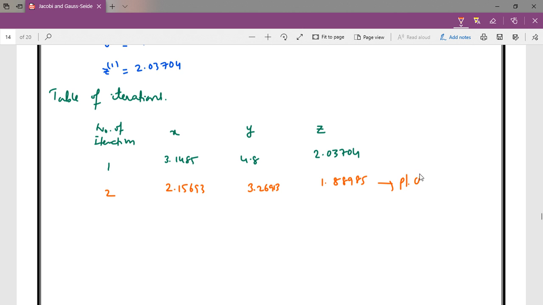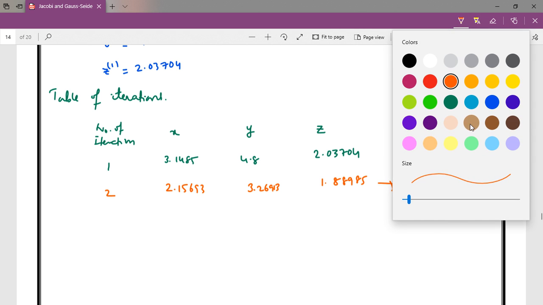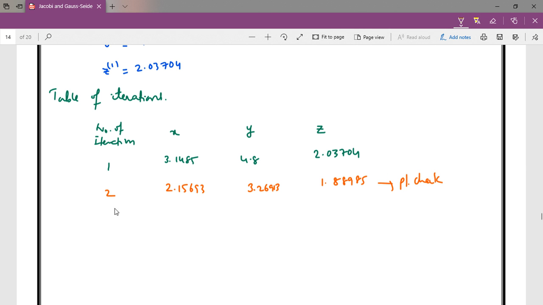Please check yourself, I just give the values of the iterations, because it is a routine task, nothing new in this. You just have to substitute the values of x0, y0, z0 in the first iteration. In the second iteration, use x1, y1, z1.